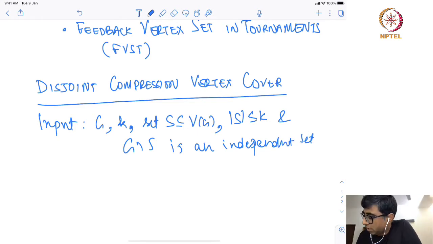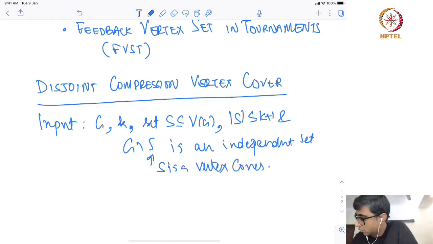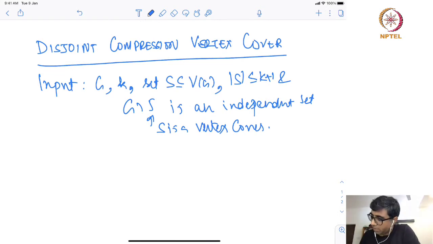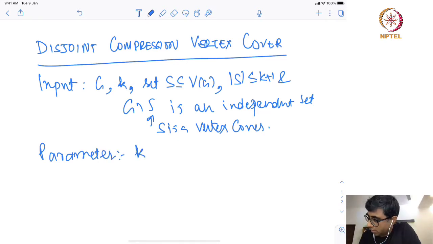Or in other words, S is a vertex cover of size at most k plus 1. Okay. What is the parameter? It is k.